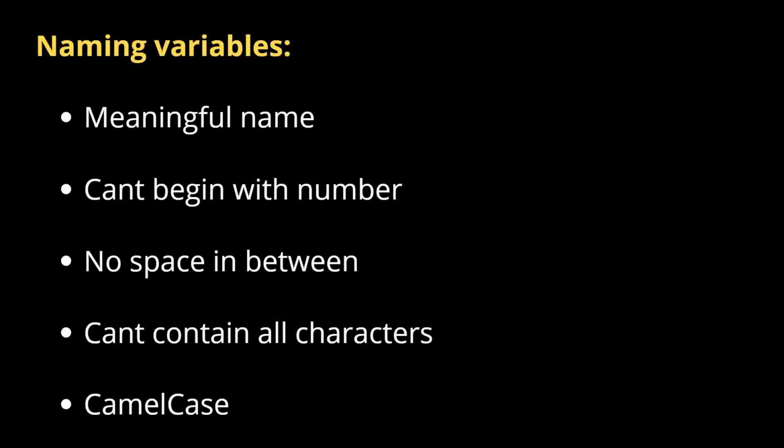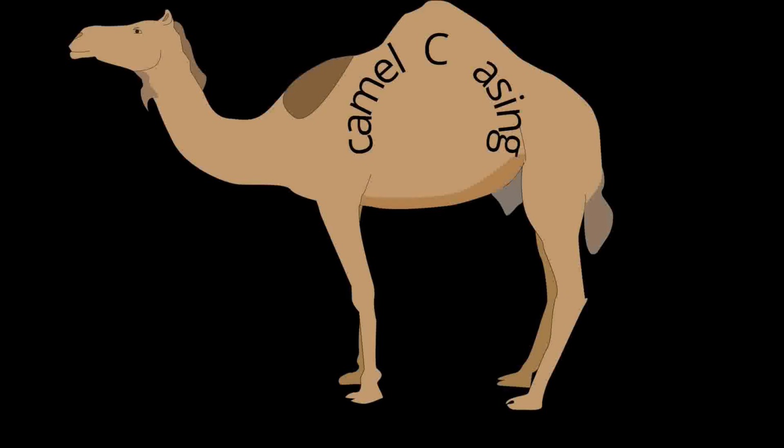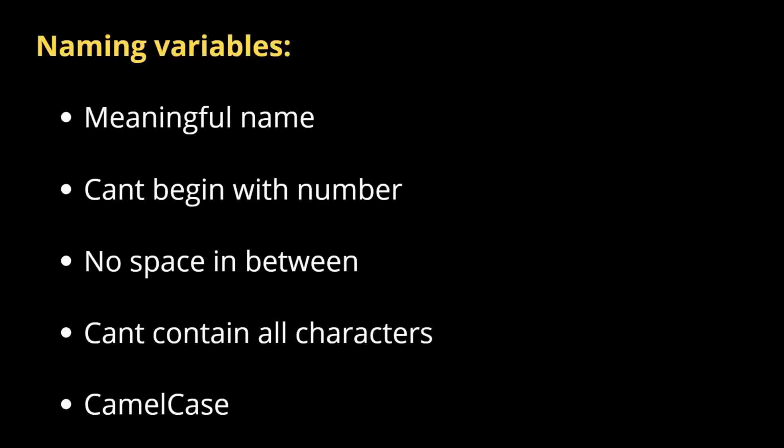The last one, which I will use more often, is camel casing. Like I wrote the variable myName, the m was small, but the N of name was capital. So this is what I'm going to use more often in this lecture. Camel casing means the first letter will be small and the first letter of each subsequent word will be capitalized.